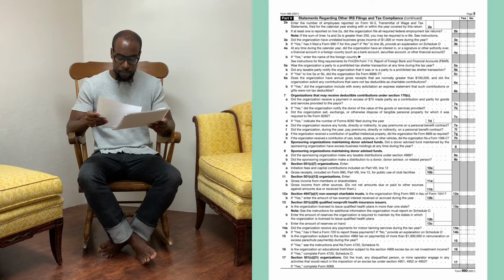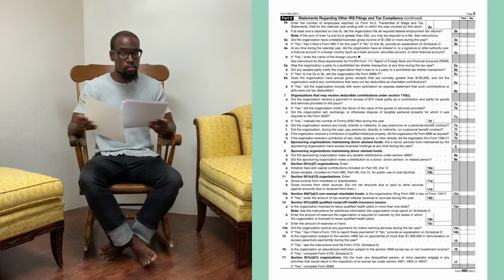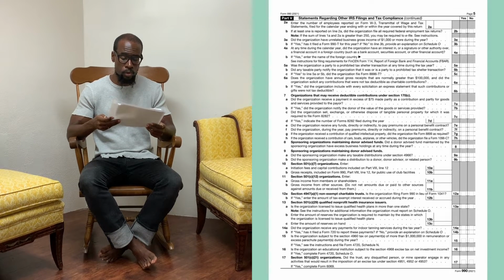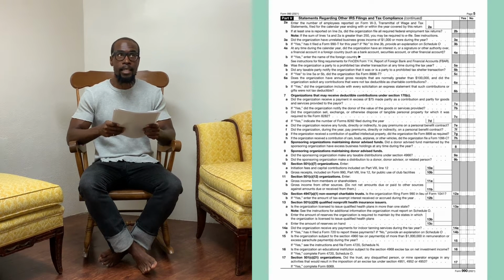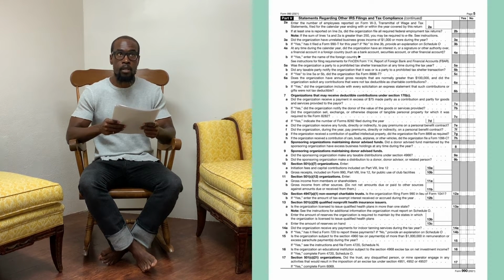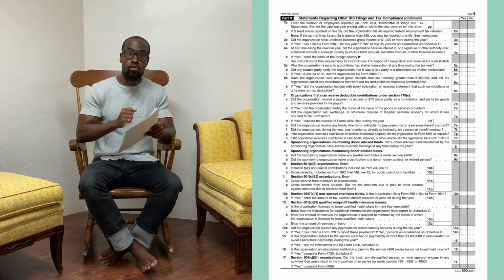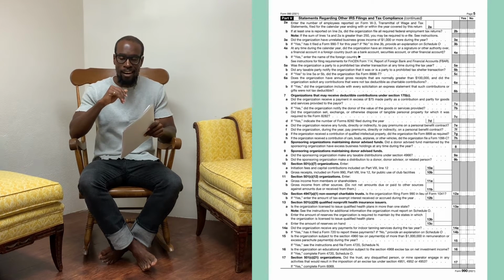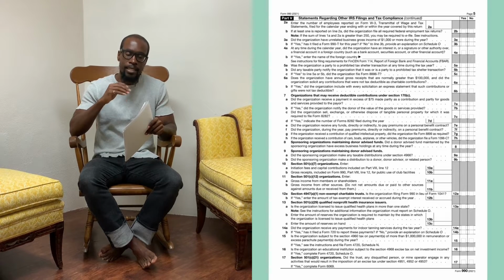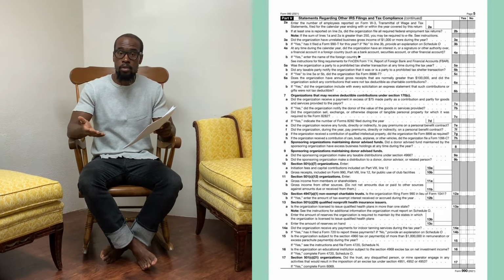Part 5 is the statement regarding other IRS filing and tax compliance issues. These are also more questions, to get the board acclimated or closely aligned to the intensity of their roles as board members.